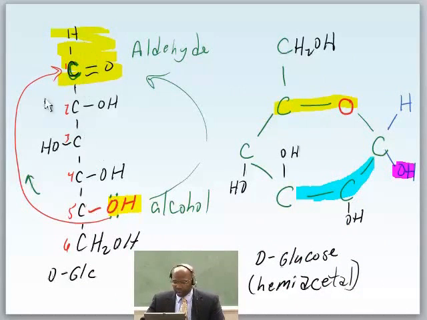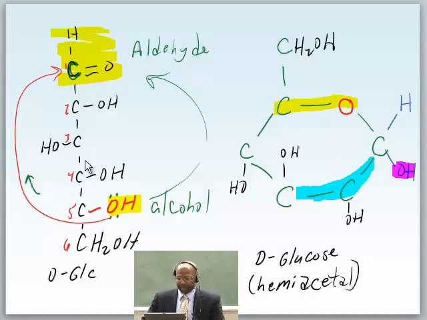The OH is going to attack the carbonyl to give us the yellow shading as the OR, the blue shading as the R, and the purple shading as the OH. And so glucose in the ring form is a hemiacetal. That's the most difficult part of this chapter on carbohydrates. That's the part that biochemistry students most often get incorrectly or don't understand. But it's really a simple concept. Everyone okay with that one?